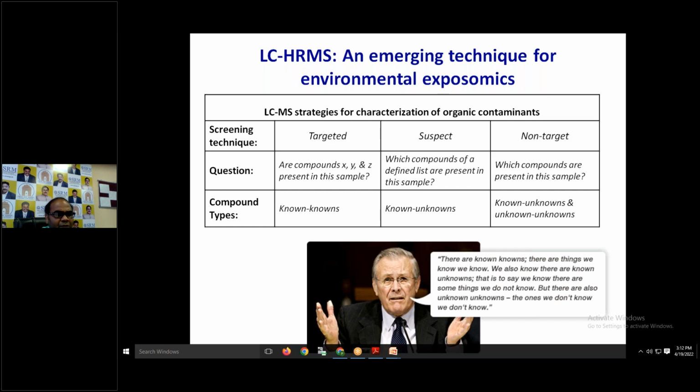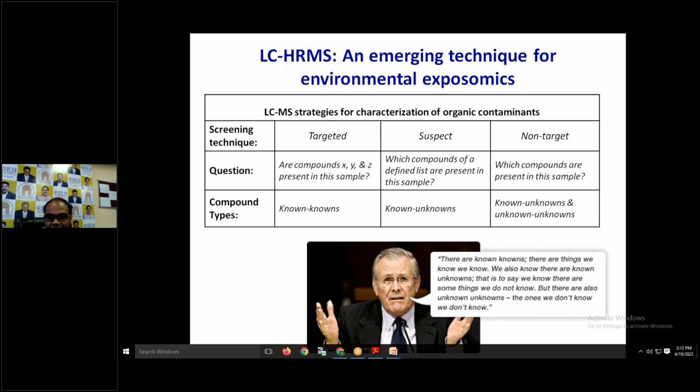In the compound types, as you can see here: targeted is known knowns, because we know these are present and we are going to identify them. Suspect is known unknowns, meaning we know some unknowns are present and we are going to find out.